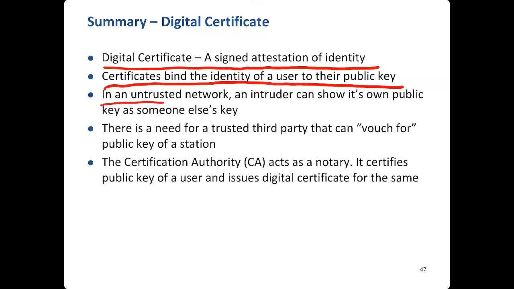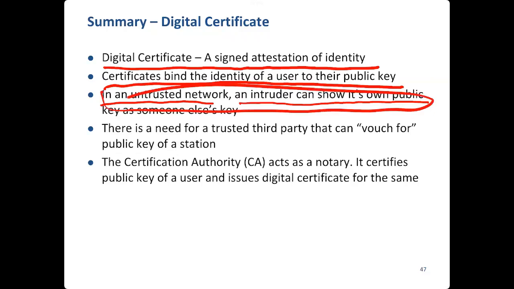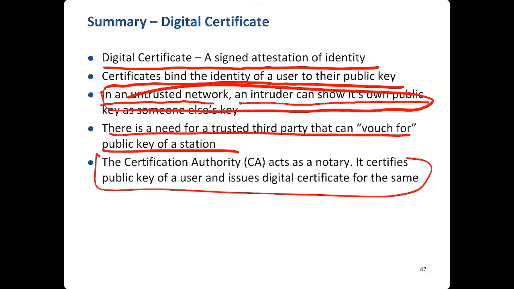In an untrusted network, an intruder can show its own public key. There is a need for a trusted third party that can vouch for the public key of a station or a person, and we use the CA for that reason.